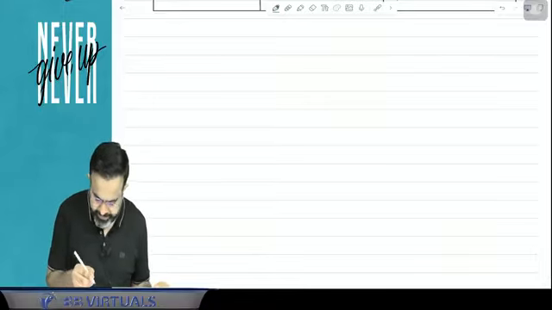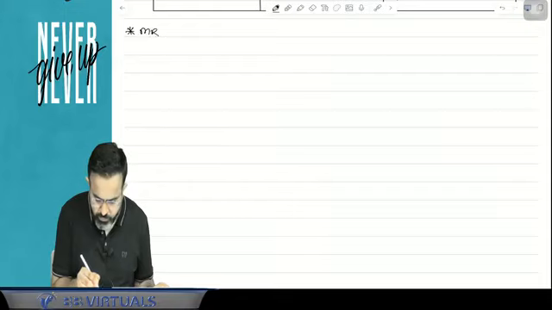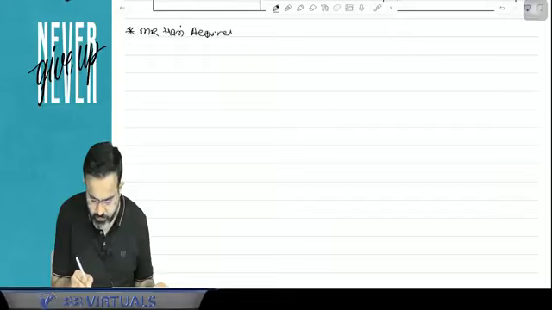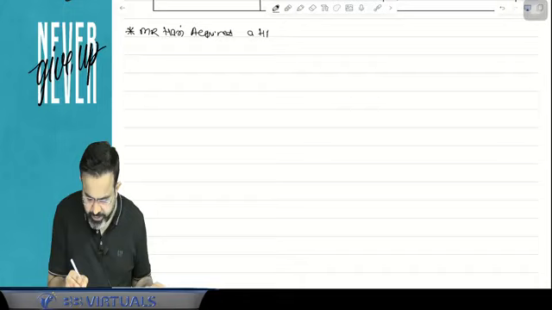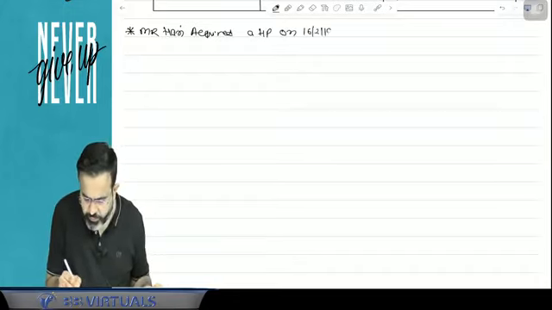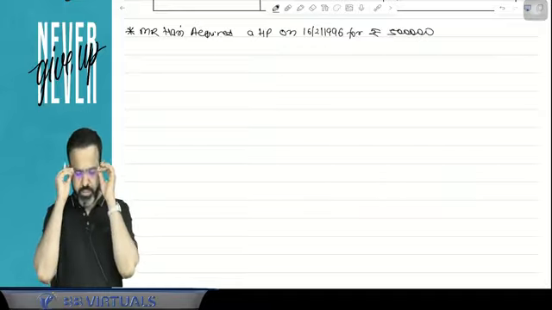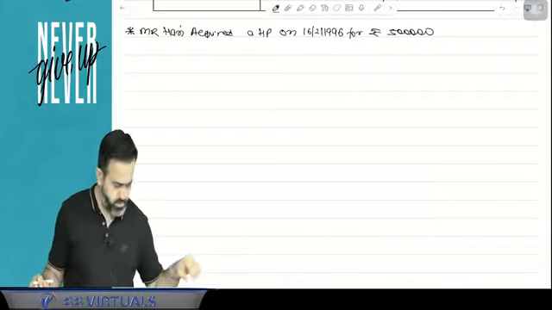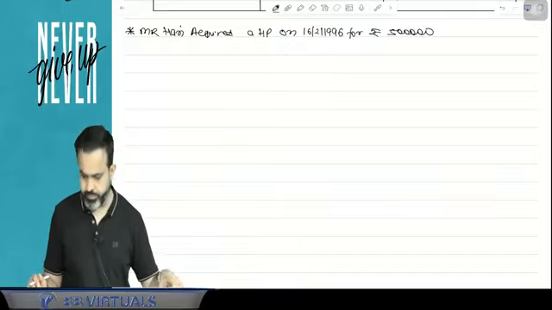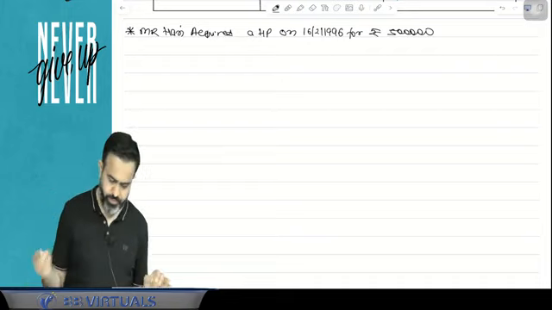Mr. Hari acquired a house property on 16 Feb 1996 for rupees 5 lakh.